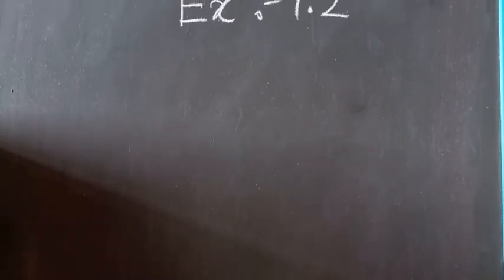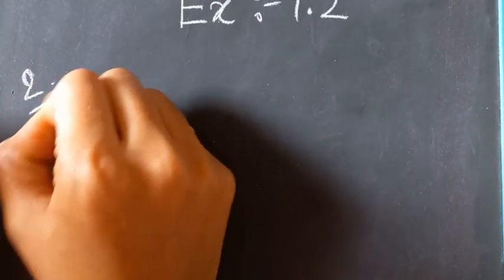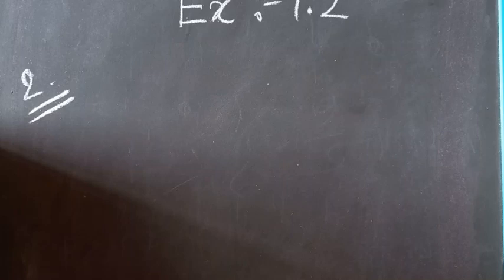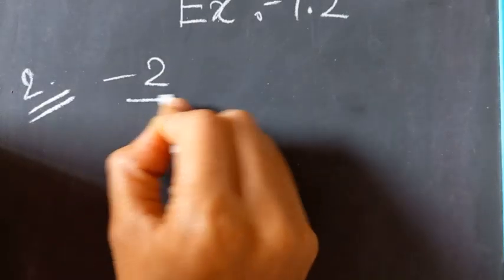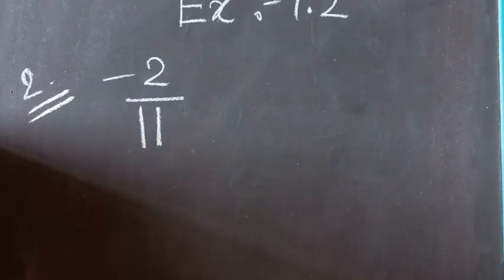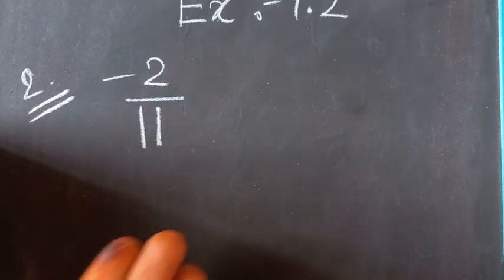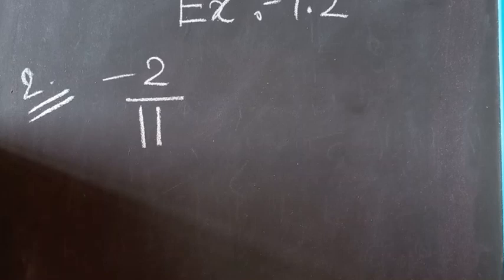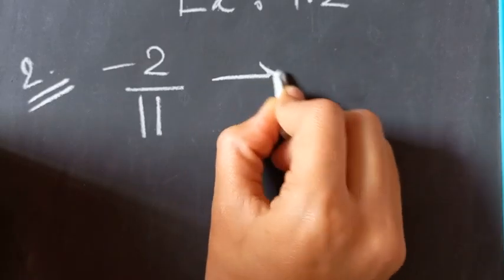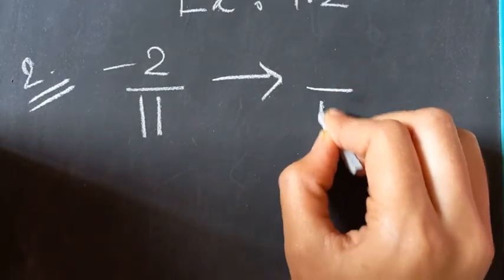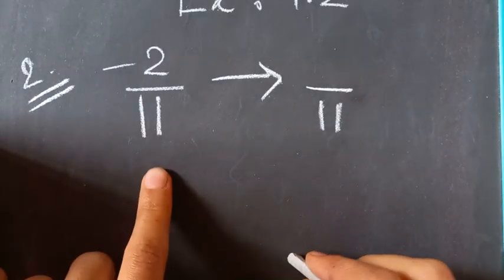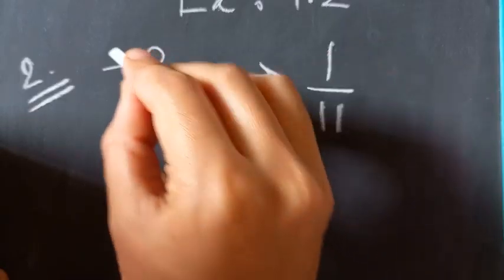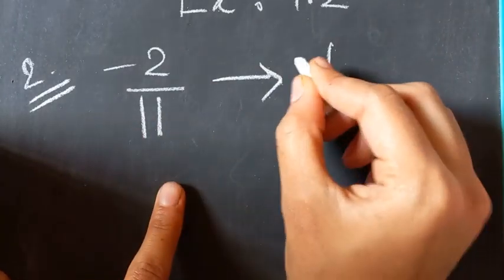Our question number 2 is: represent minus 2 by 11, minus 5 by 11, minus 9 by 11 on the number line. First we represent minus 2 by 11. A simple way: we write one rational number with the same denominator but numerator 1, and here our number is negative, so we write minus.